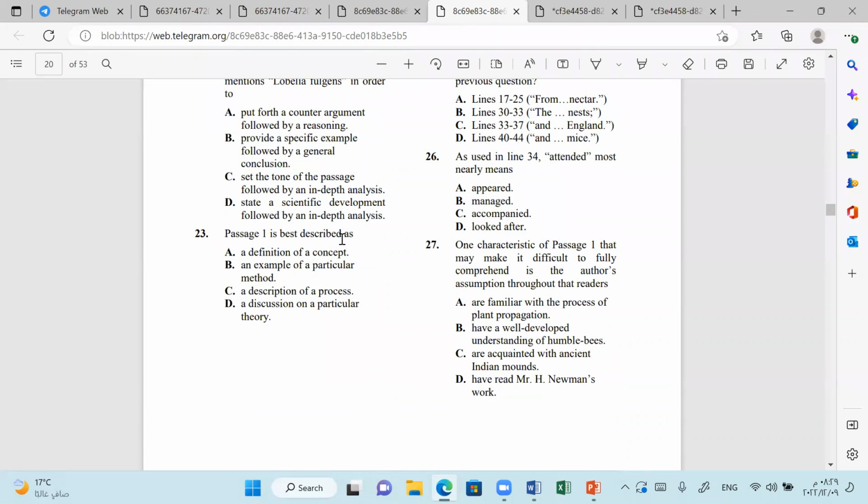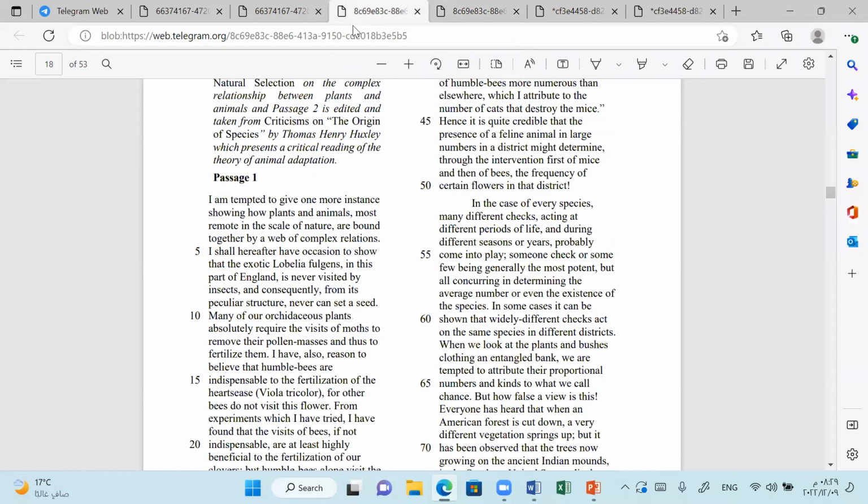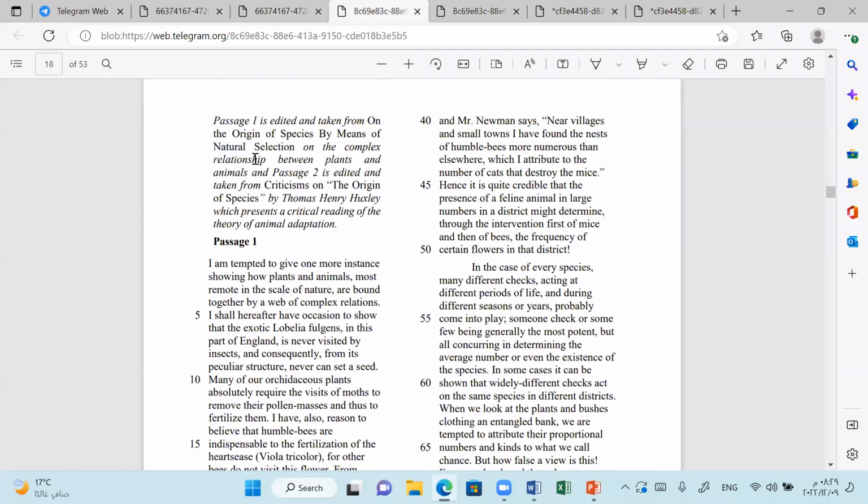Here, passage 1, it's asking you about passage 1, the whole passage, right? So let's see. Let's read the blurb, okay? I told you, read the blurb. Passage 1 is edited and taken from On the Origin of Species by Means of Natural Selection on the complex relationship between plants and animals.